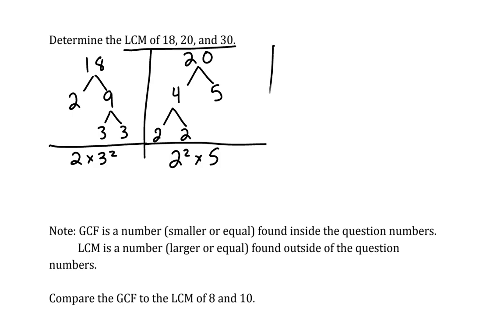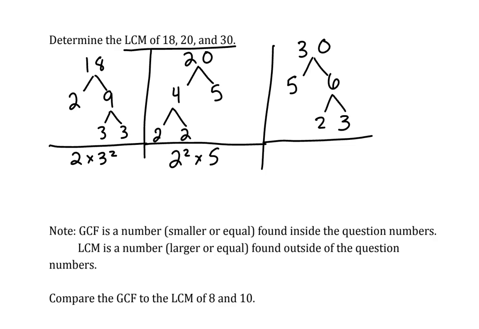And then let's check what the prime factorization of 30 is. I would write this as 5 times 6. I can't break down 5, so I'll say 6 is 2 times 3. So our prime factorization is going to be 5 times 2 times 3.